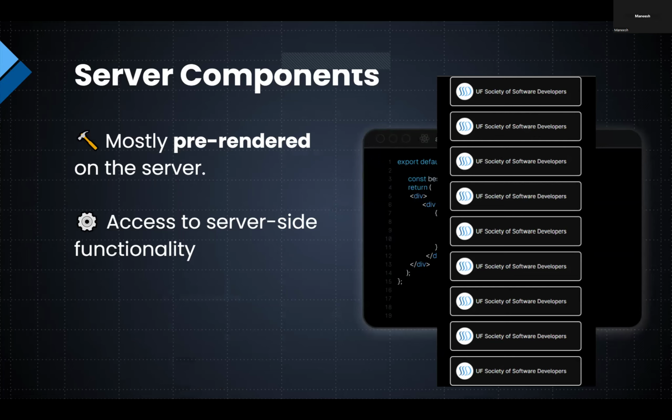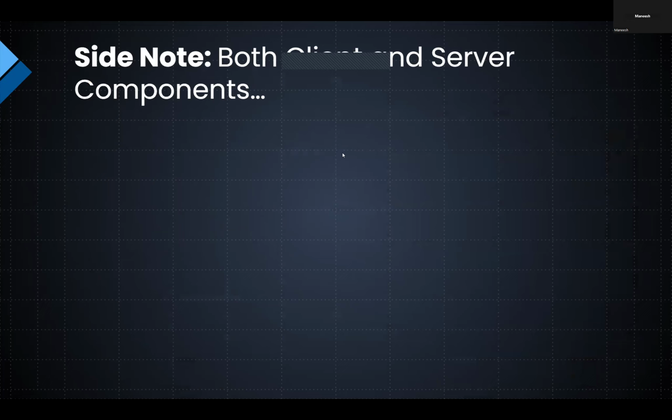And you can directly grab from that Supabase database or whatever database you have and inject that data onto your React component. And then that will be pre-rendered on the server and passed to the client as a pre-rendered HTML document with a little bit of JavaScript for React to take over for any client-side components, right?